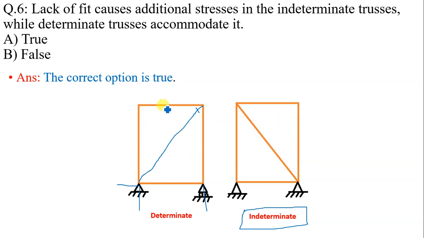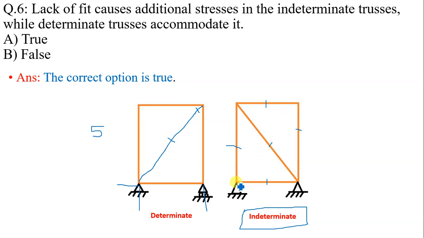If these are the members 1, 2, 3, 4, 5, then the structure is determinate. We know the formula, degree of internal indeterminacy is m minus 2j minus 3. But here there are 1, 2, 3, 4, 5 and one more member, 6.